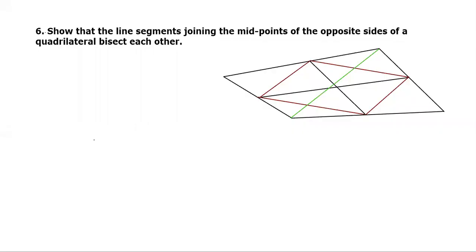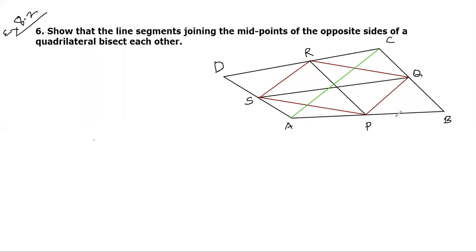Okay, so question number 6, exercise 8.2. ABCD is a quadrilateral, and P, Q, R, S are the midpoints of the sides.